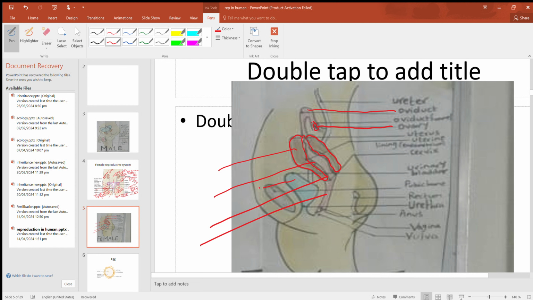This blue structure is the urinary bladder, and this is the urethra. The structure just in front of the urinary bladder is the pubic bone, where hair appears after puberty. This is the rectum, and this opening is the anus. So this side view is also important. Okay, clear?